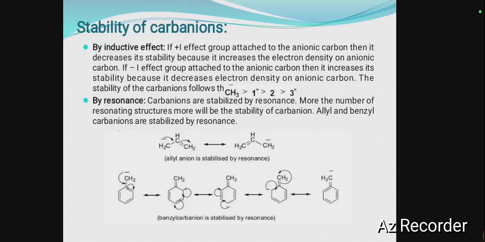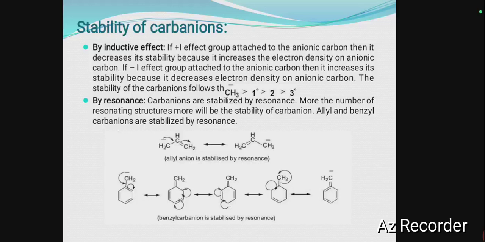If a minus I effect group is attached to the anionic carbon, then it increases its stability because it decreases the electron density on the anionic carbon. Positive inductive effect means the groups which are electron releasing in nature. The negative inductive effect group means the groups which are attracting or withdrawing the electrons.